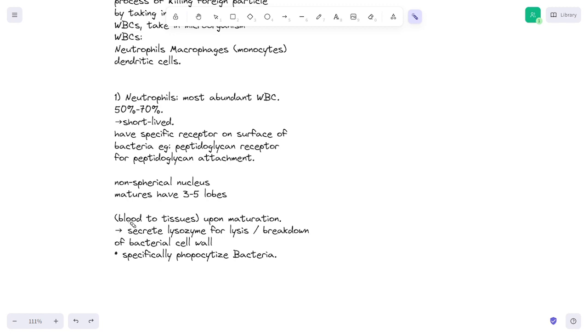And one more thing, one neutrophil will work only once, meaning they cannot repeat their function. एक न्यूट्रोफिल एक दफ़ा ही काम करेगा, दो बार नहीं करेगा. This is the most important point, and that has also been asked in some of the MCQs.